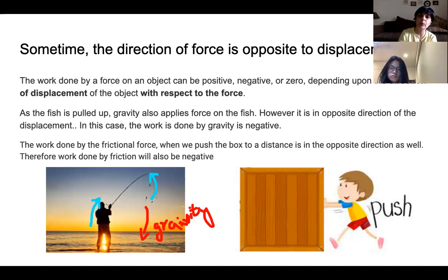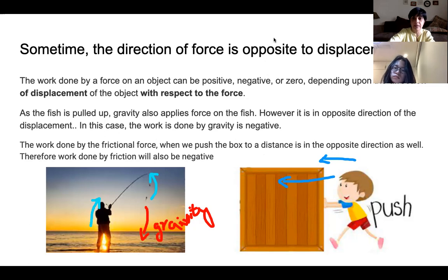The object on which the work is being done, the transfer of energy will happen on that object. Okay? Now the same example, we're looking at this boy pushing the box. The boy is pushing it in this direction, and the displacement is also in this direction.